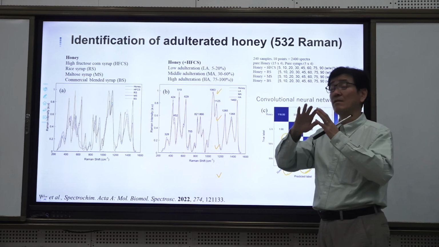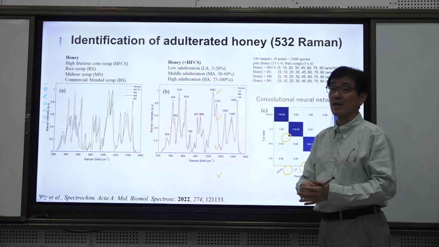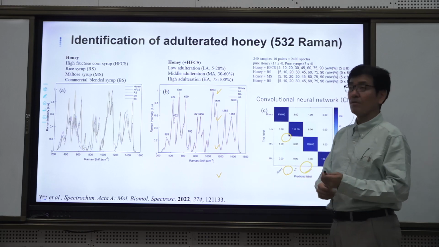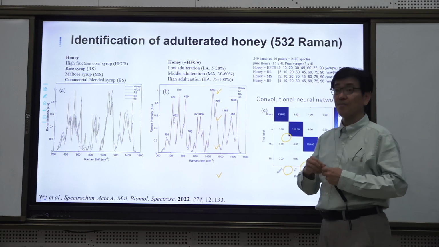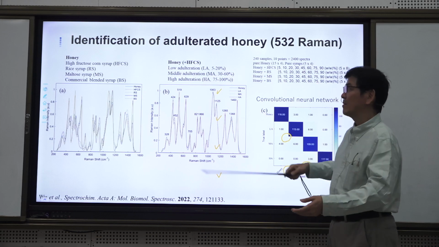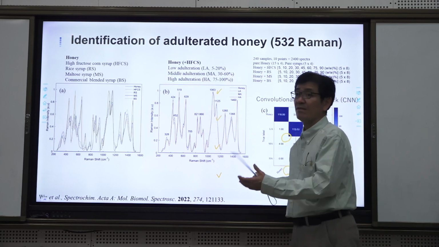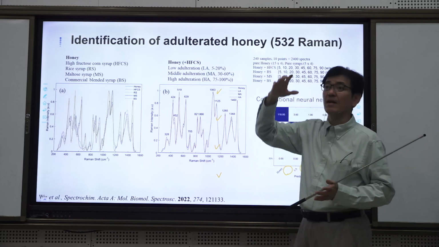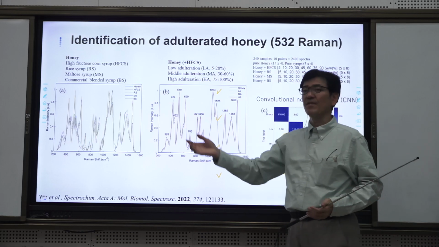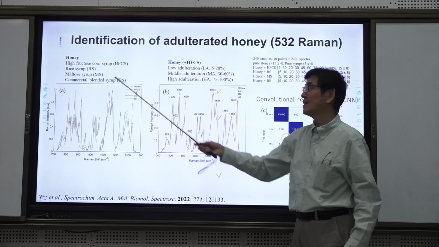So the amount is limited in the market. So it's rather expensive. By adding some impurity or some artificial sugars, they can increase the volume and sell it as a natural honey. Okay, then they can get much money.